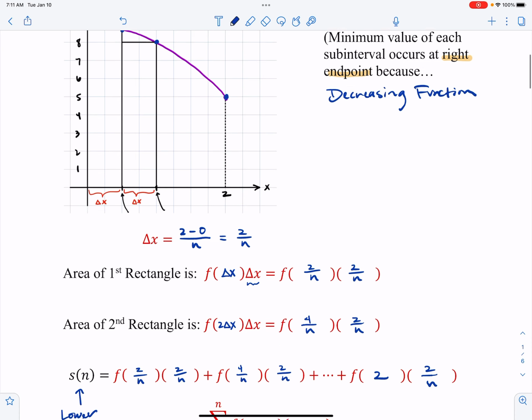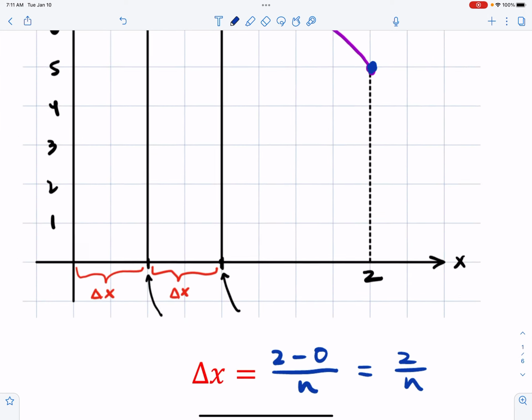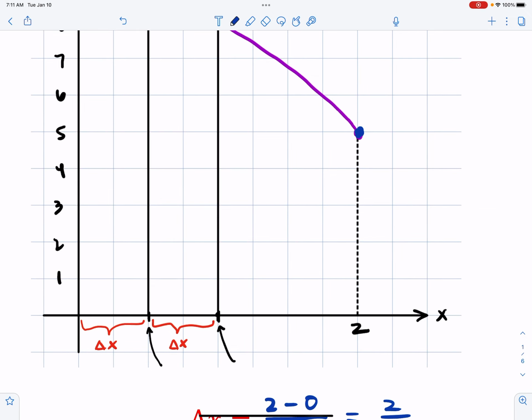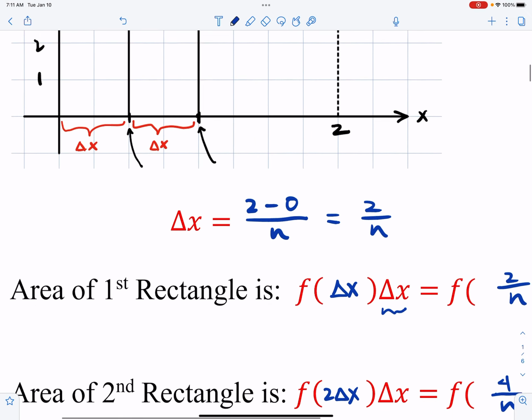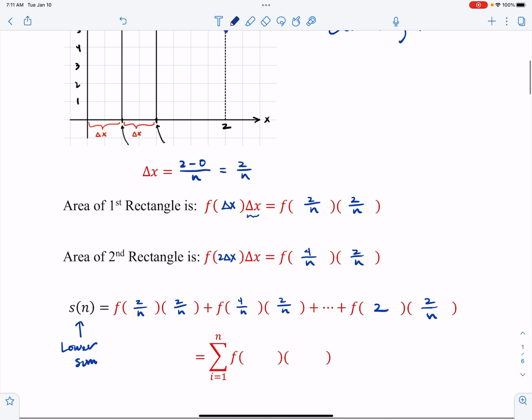So for evaluating our function, we could think of I as being 1 for the first rectangle, 2 for the second rectangle, 3 for the third rectangle, all the way up to n rectangles, right?